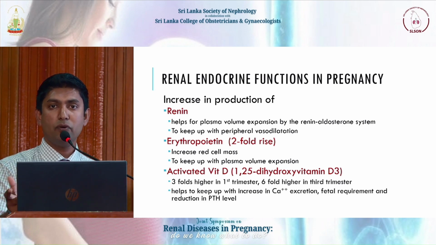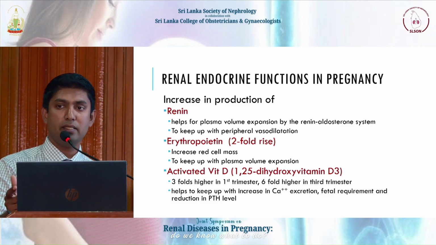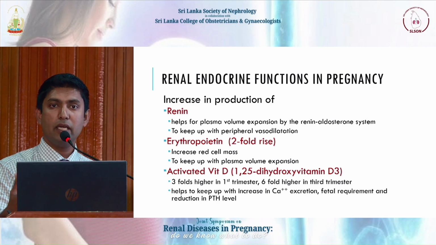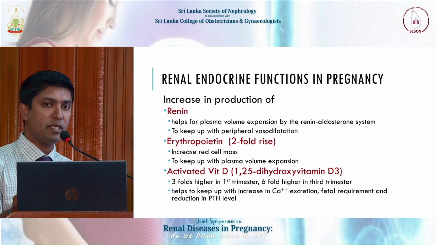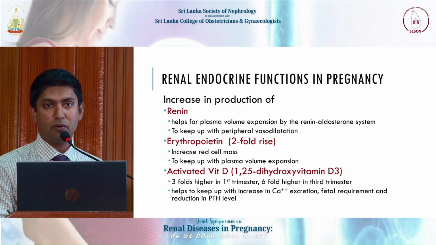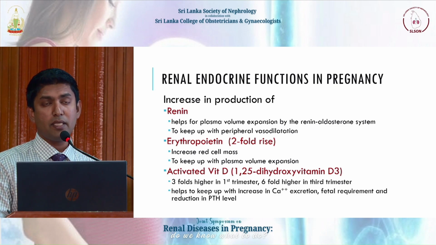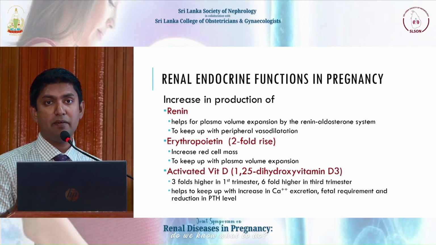Now there is twofold increase in the erythropoietin secretion, that is to keep up with the hemodilution occurring. But although there is twofold rise, still there is some amount of hemodilution causing a hemoglobin drop, especially around 26 to 32 weeks. Then activated vitamin D level increases.